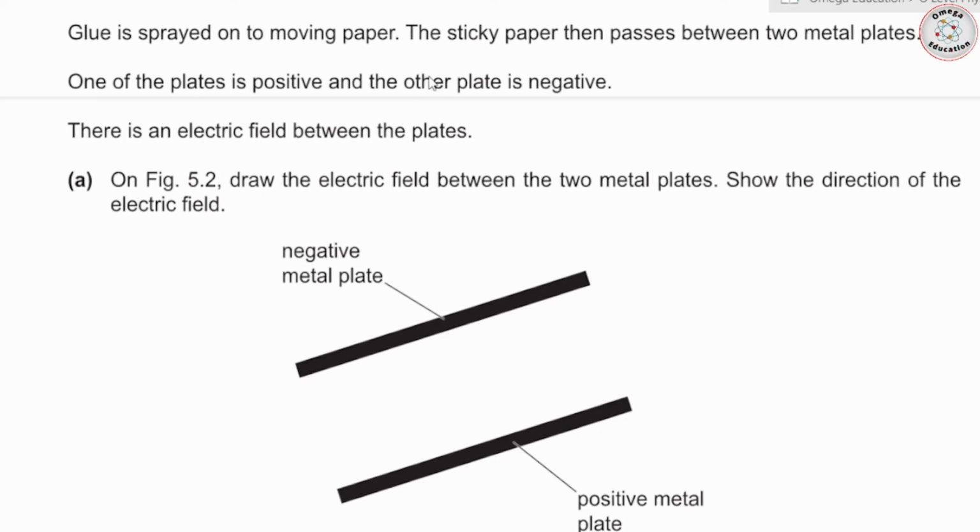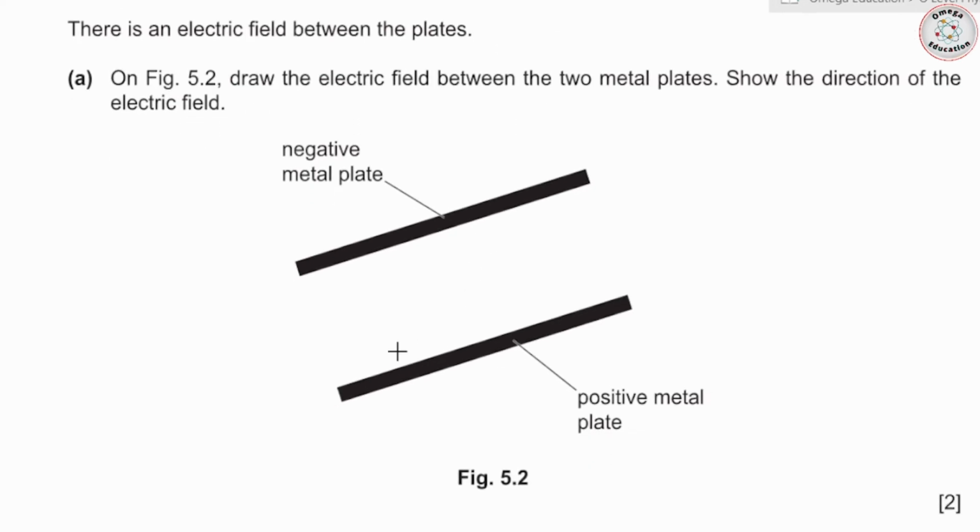So the convention is the direction of electric field is from positive towards negative. So you can draw a uniform electric field. In that case, you have to draw at least 3 lines and they should be kind of equally spaced.